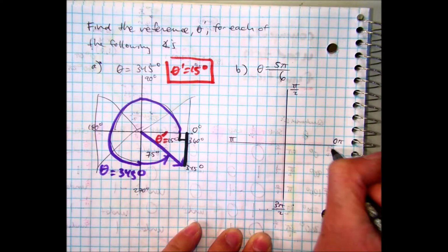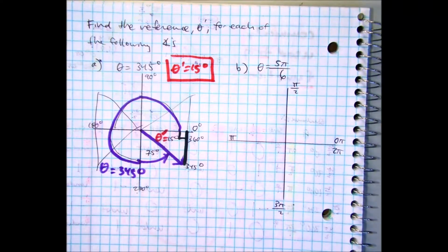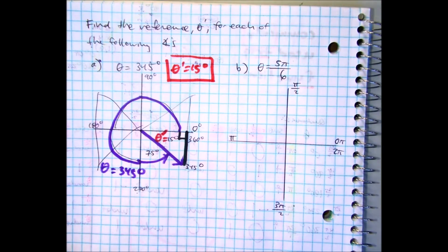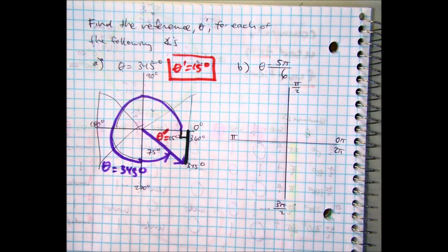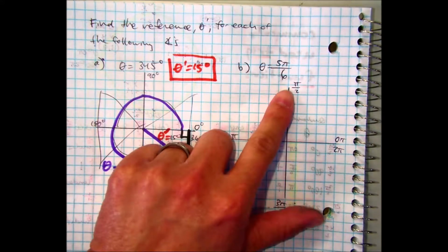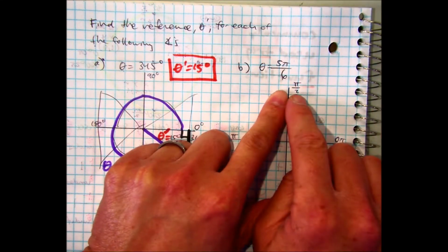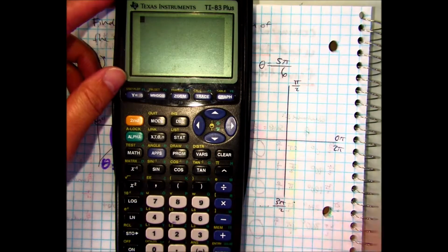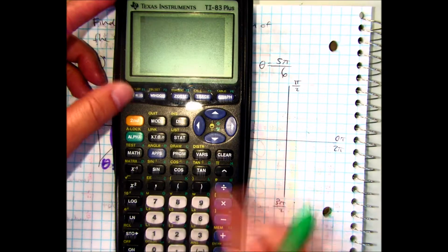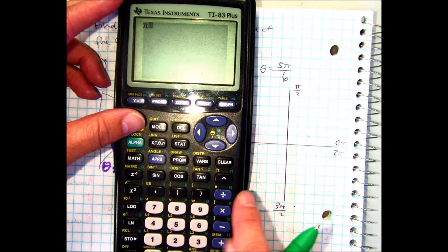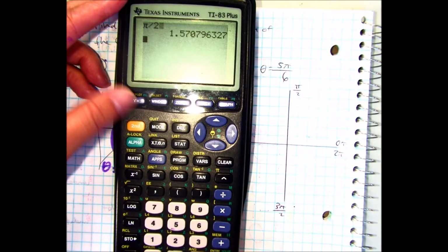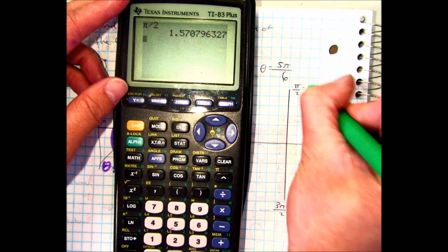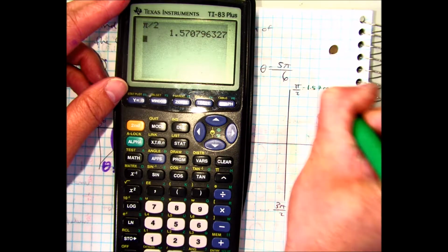So I'm thinking to myself that this is pi over 2. And if you actually evaluated it, here I'll show you. Pi divided by 2 just gives me half of that, which is approximately 1.57 radians.